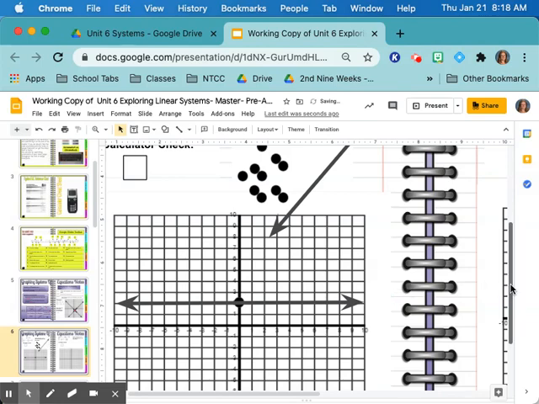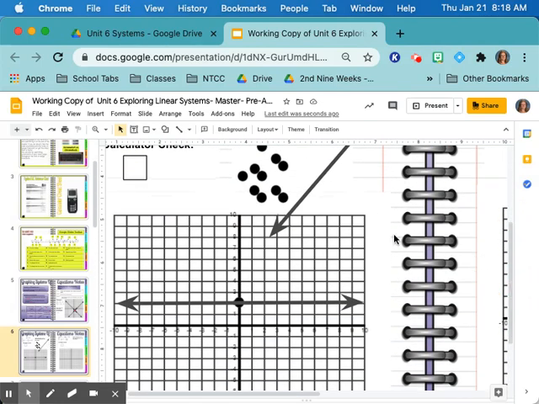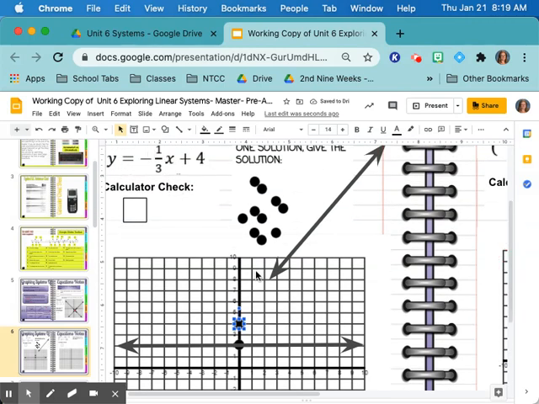Okay. And then the next one, -1/3 x plus 4. So we have 4, and then -1/3. So down 1/3.